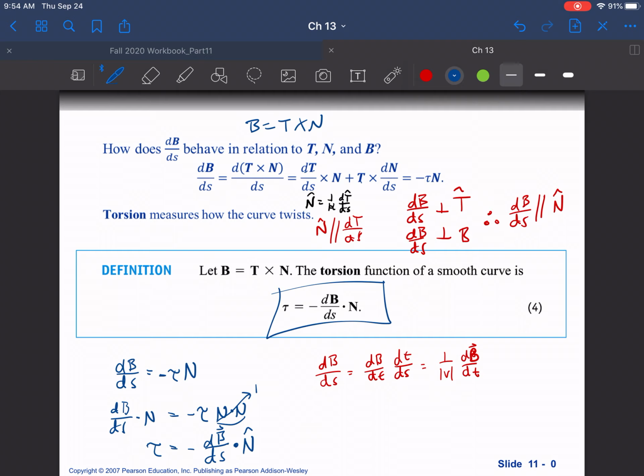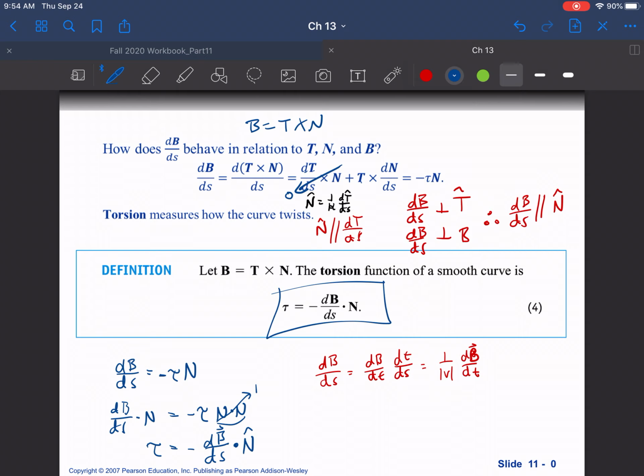Well, if you remember, N is equal to 1 over kappa times dT/ds. That means that N is parallel to dT/ds, and therefore this whole term right there goes to 0. So what we're left with is dB/ds equals T cross dN/ds.